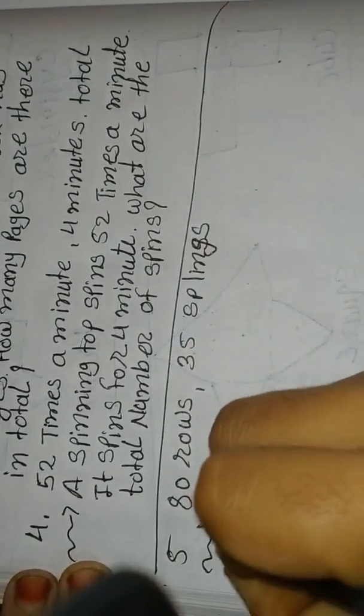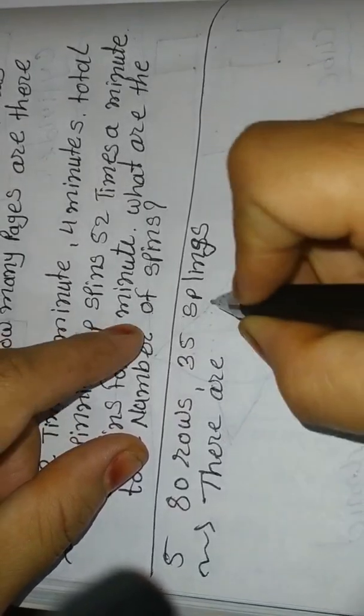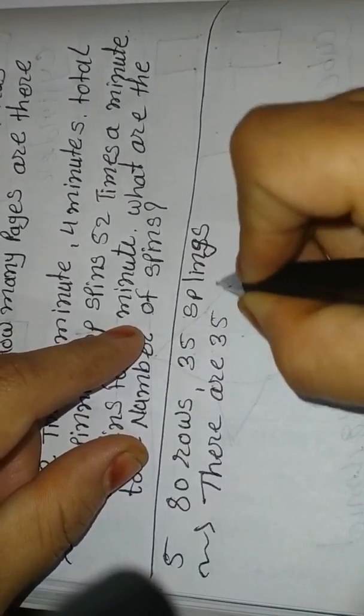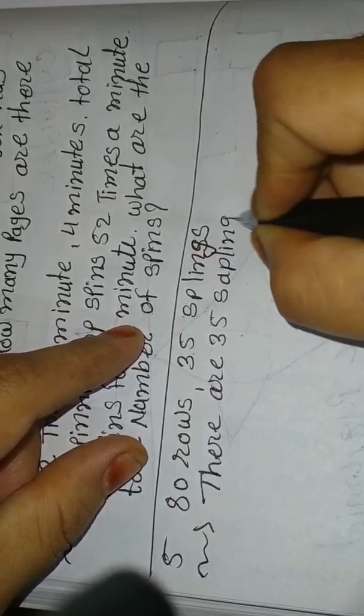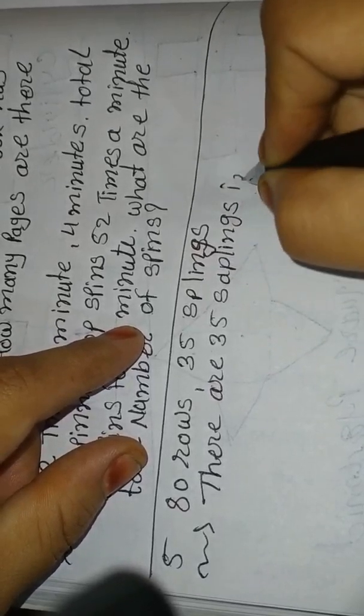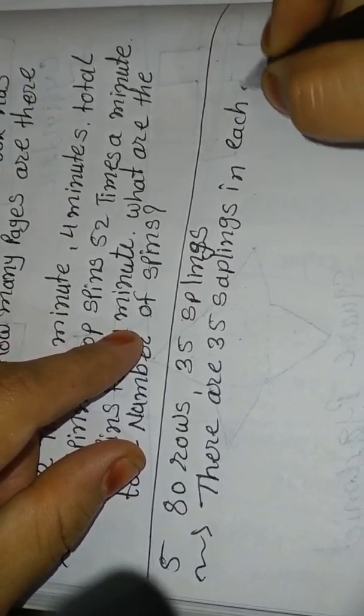So here we have to write the answer: There are 35 swings in each row.